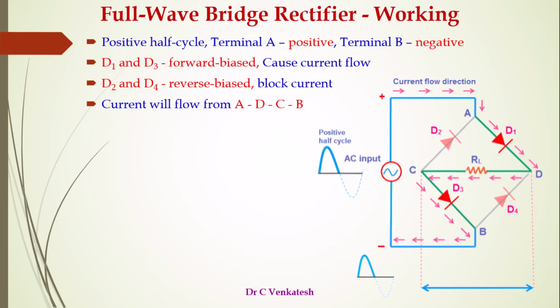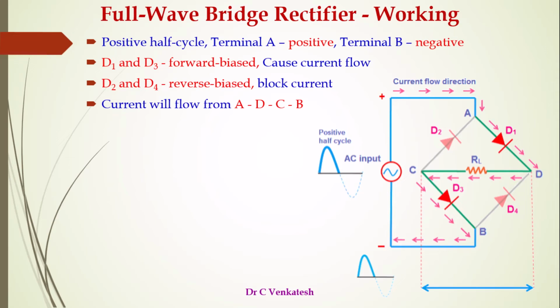We take the output across RL. We will get the positive cycle output. During that time, diodes D2 and D4 are reverse biased. They act as open switches and block the current through them.